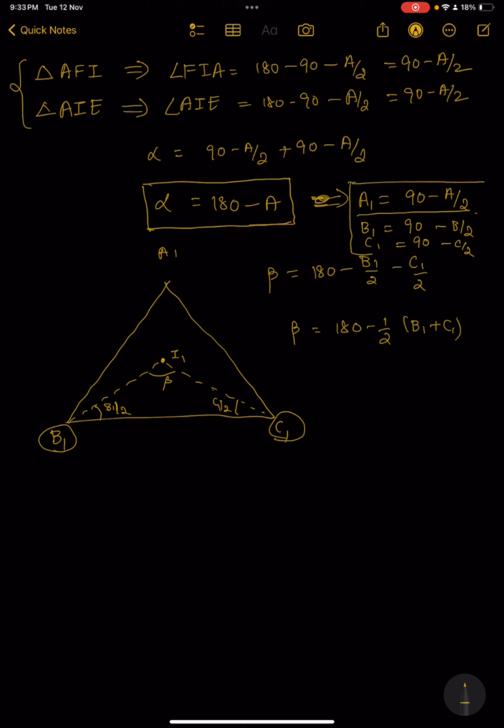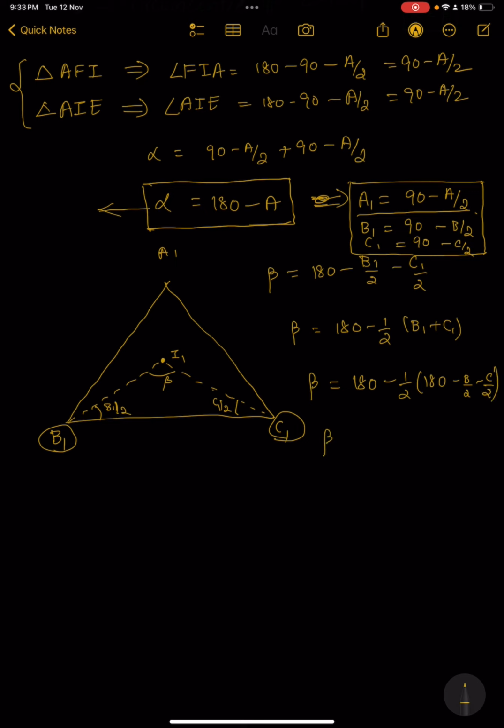Okay, carry out the similar analysis. The similar analysis we used to find out alpha, so we will find out this B1 and C1 also. So now substitute B1 and C1 here. Beta is equal to 180 minus half into B1 plus C1, that is 180 minus B by 2 minus C by 2.